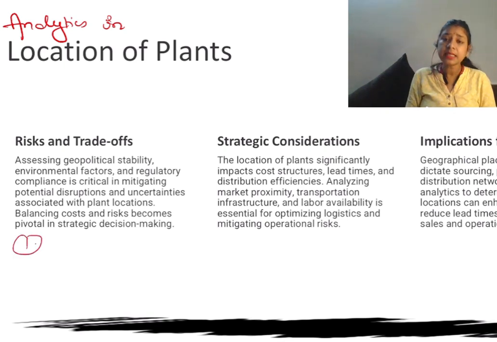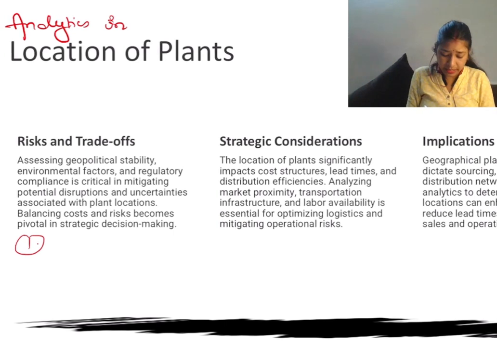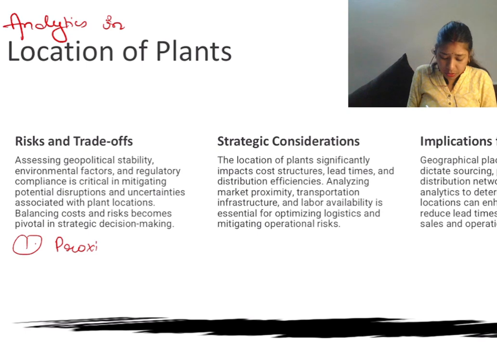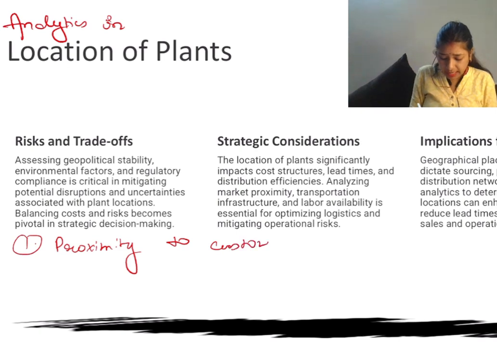So let us discuss the key points that should be kept in mind while choosing the location of the plant. The very first thing is proximity to the customers as well as suppliers.